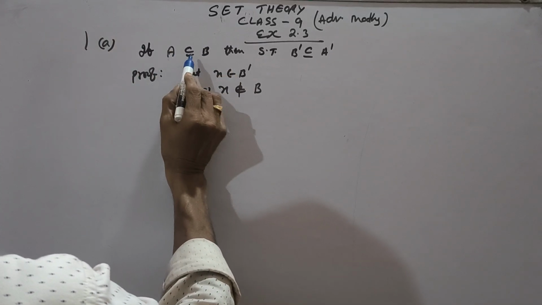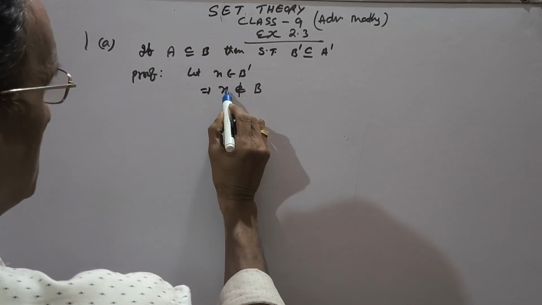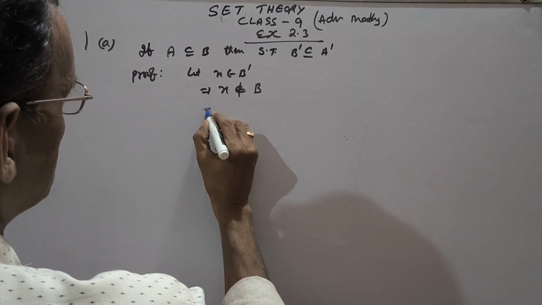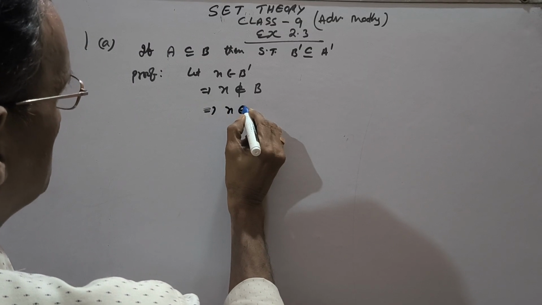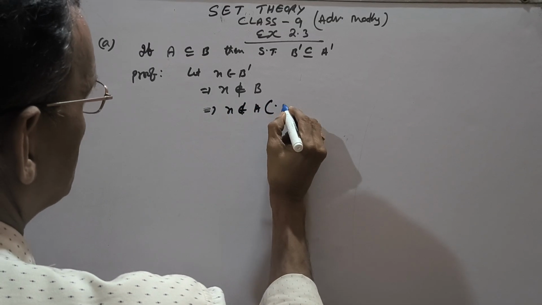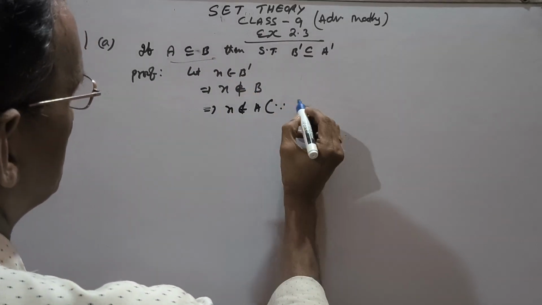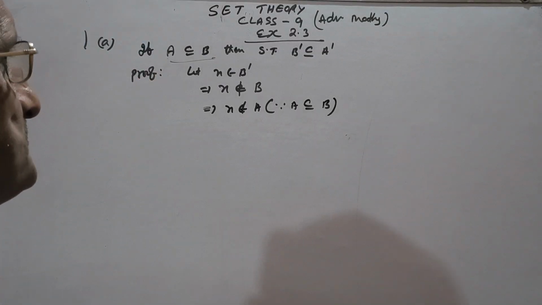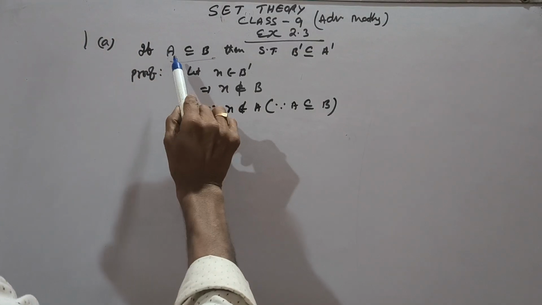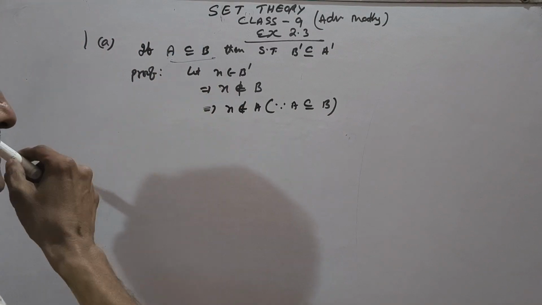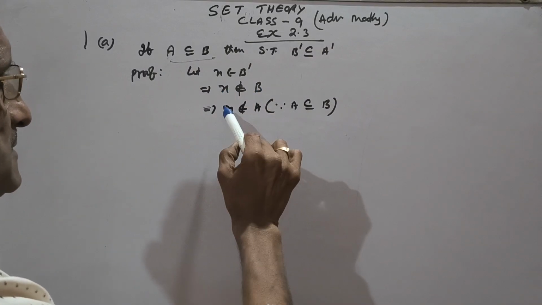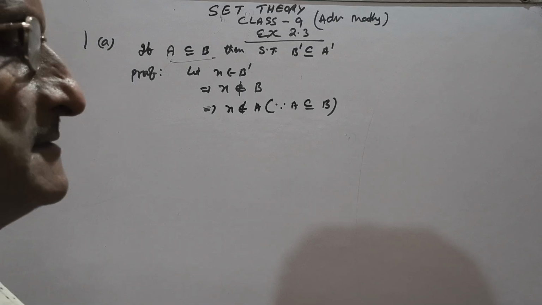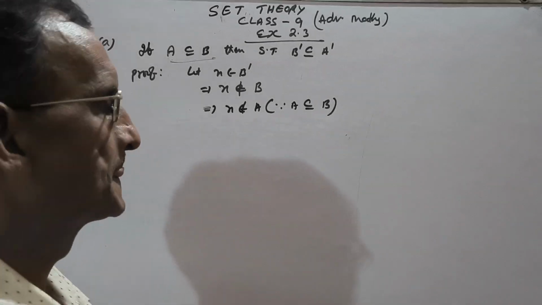Every element of A should be in B. But if x is not in B, x must not be in A, implying x does not belong to A. The reason is that it is given that A is a subset of B. Understood? A is a subset of B means every element of A is there in B, but if x is not in B, x must not be in A, by the definition of subset.